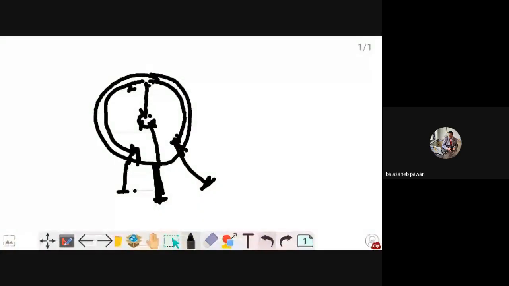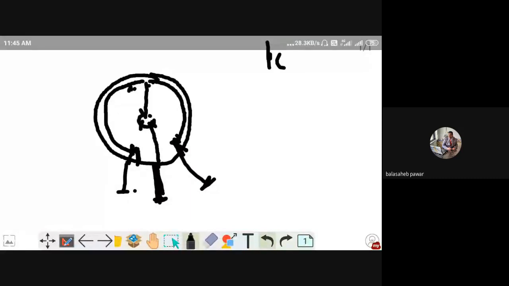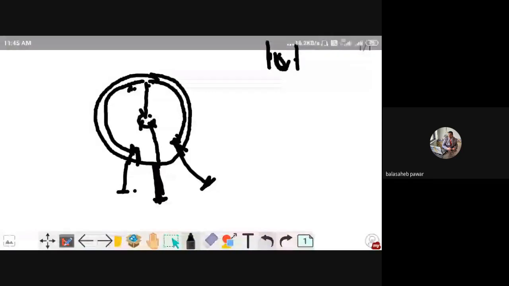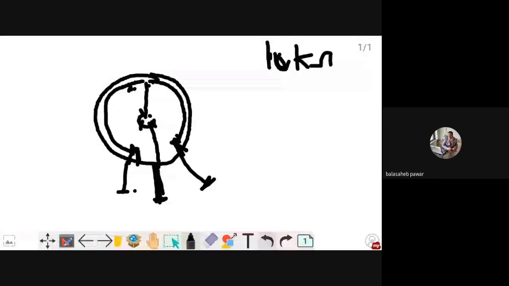Suppose this potentiometer is a 10 kilo ohm potentiometer. It is somewhat difficult with the stylus. So this potentiometer is 10K. What does 10K mean?